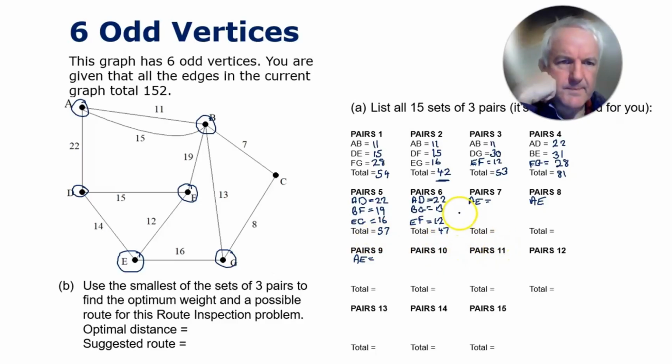I've got BD and EG. And I've got BE. Yeah, no, I've already got it. So that's FG. BF and DG and B to G.